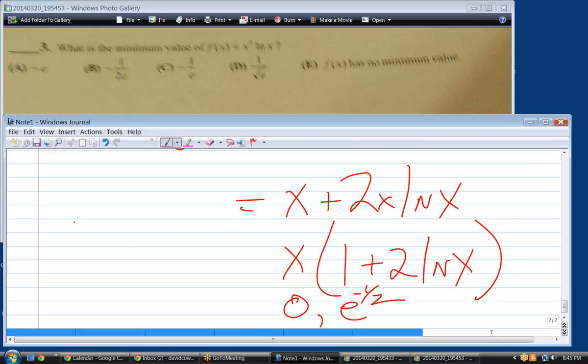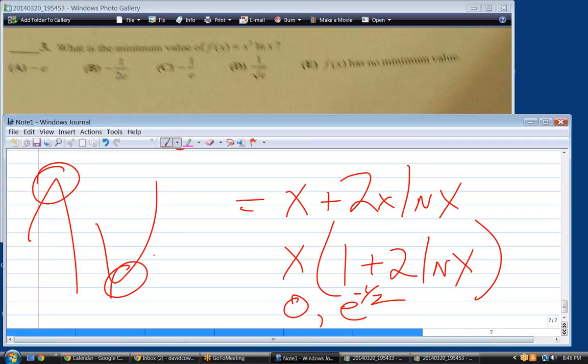It merely has to be positive for a minimum and negative for a maximum. Because if the second derivative is positive, it means it's concave up. If it's negative, it means it's concave down. So the negative would give you a maximum, the positive would give you a minimum.